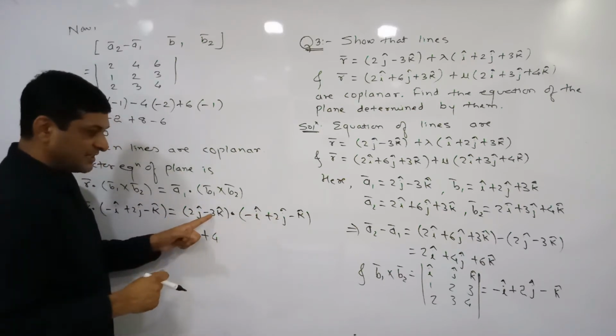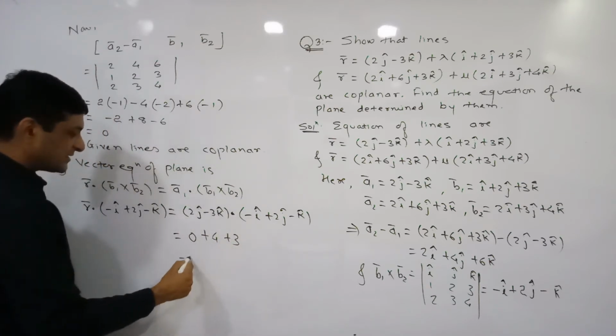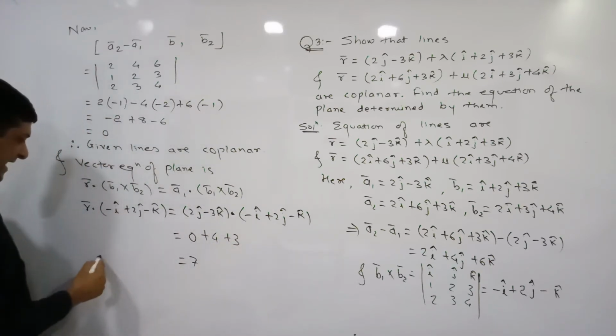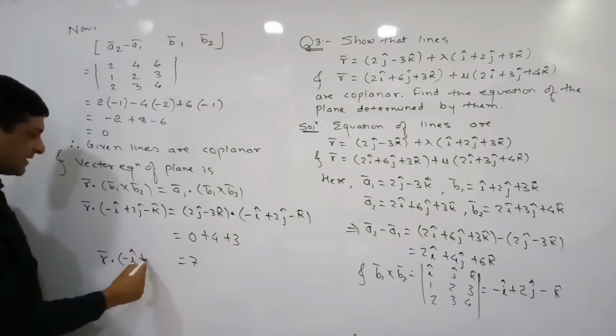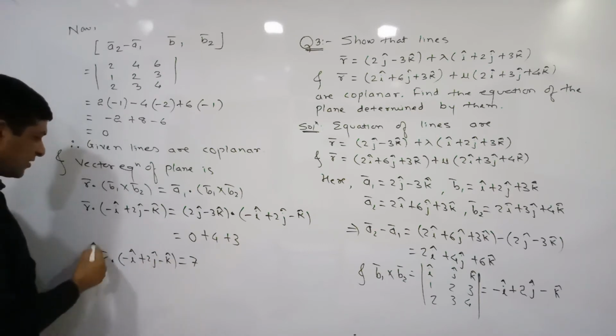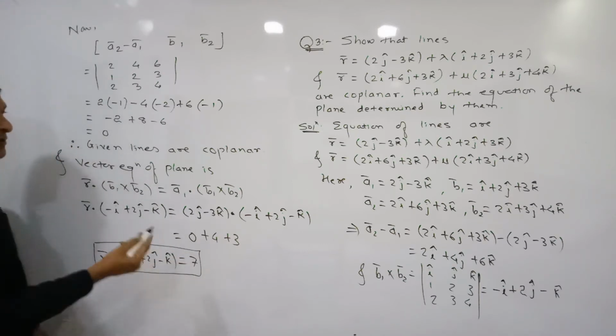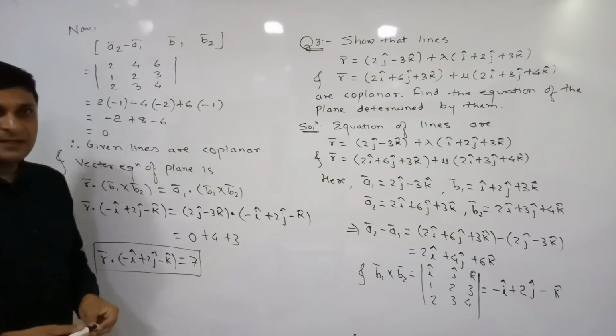And here minus 3 into minus 1 will be equal to plus 3. So on this side we will get 7. Keep this side as it is, r bar dot minus i cap plus 2j cap minus k cap. In this way we have got the required vector equation of the required plane.